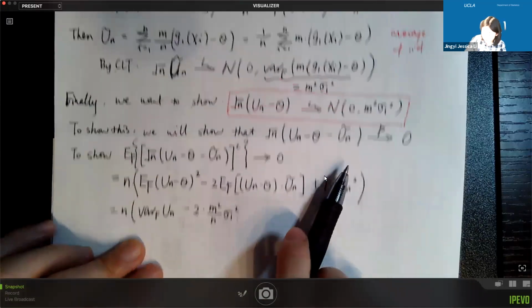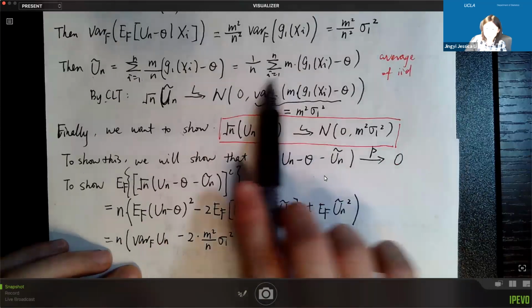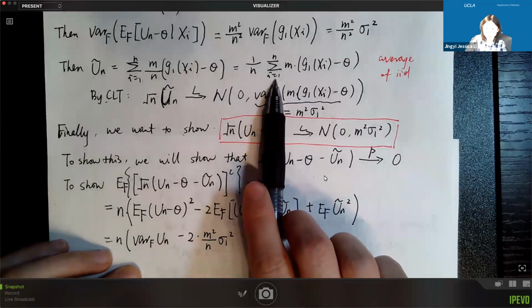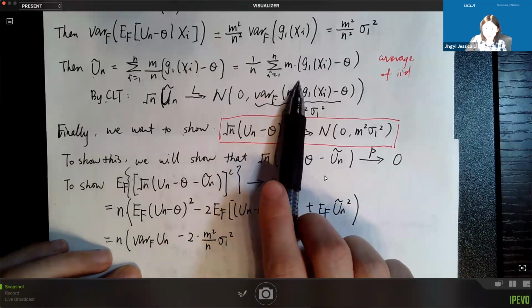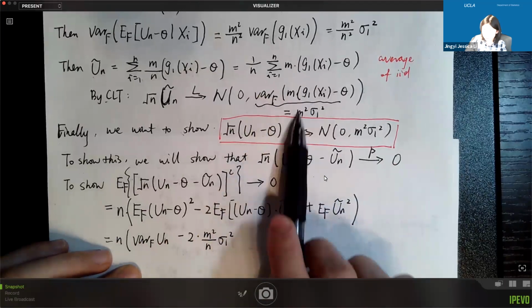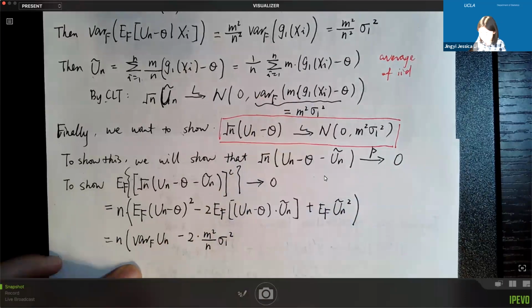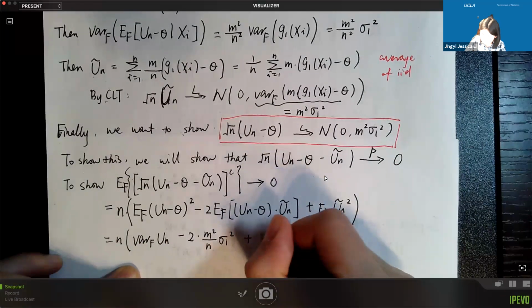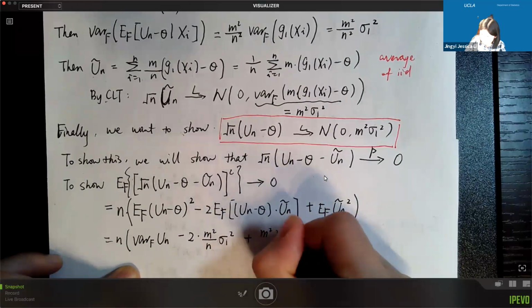So the last term, by our definition here, by our calculation here, it's already very obvious. Its variance is simply this. So what we have is m squared sigma 1 squared over n.